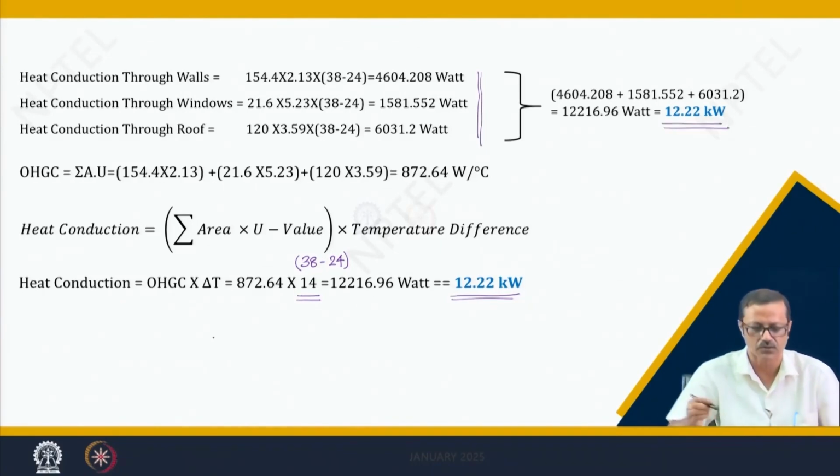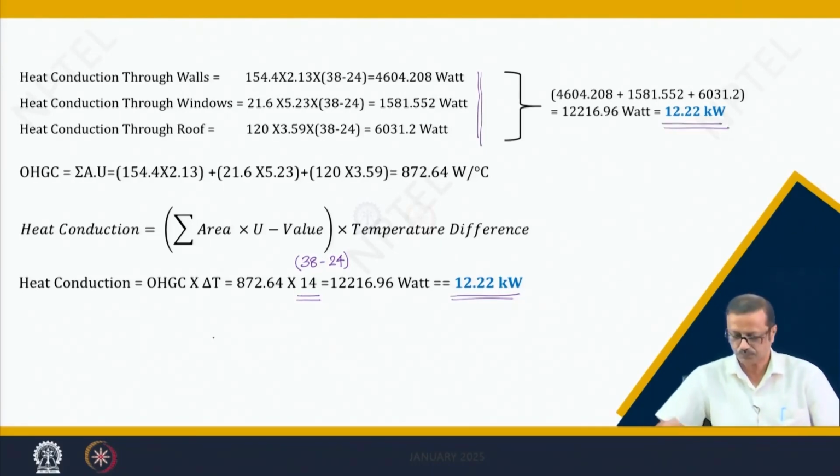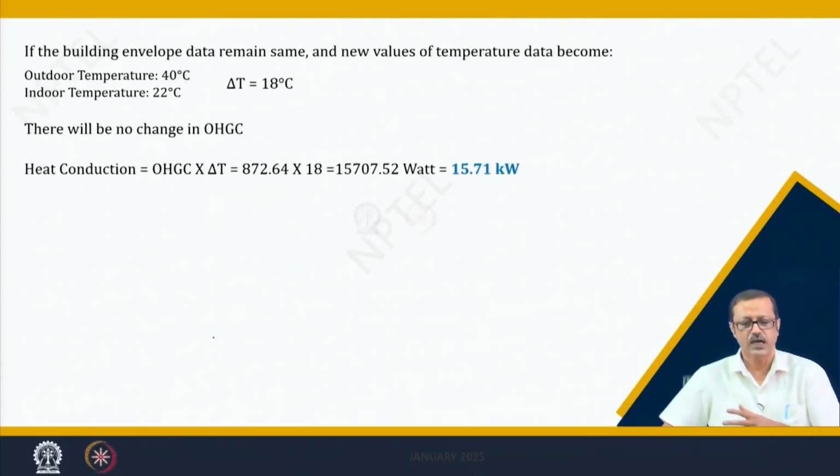Otherwise, I can go through the OHGC factor. Now suppose the temperature has changed: instead of 38 degrees it is a 40 degree outdoor temperature, and the indoor temperature I kept as 22 degrees. So, the temperature difference is 18 degrees.